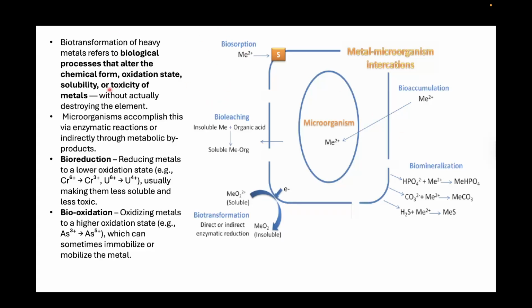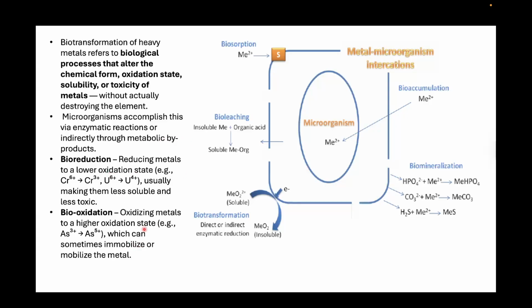Biotransformation of heavy metals refers to biological processes that alter the chemical form, oxidation state, solubility or toxicity of metals without actually destroying the element. And microorganisms accomplish this via enzymatic reactions or indirectly through metabolic byproducts.